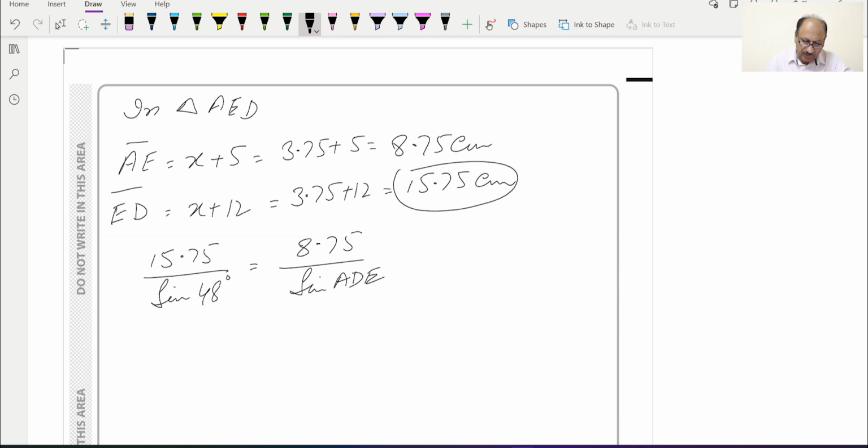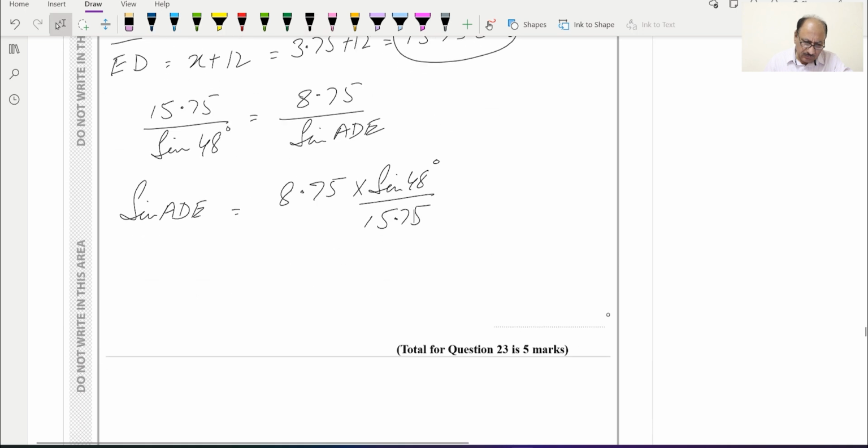Now we can find ADE. Sine ADE will be equal to 8.75 multiplied by sine of 48 degrees, divided by 15.75.